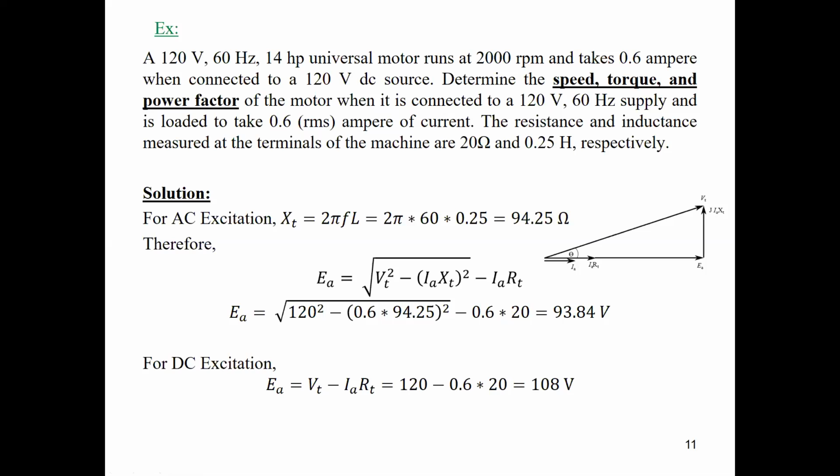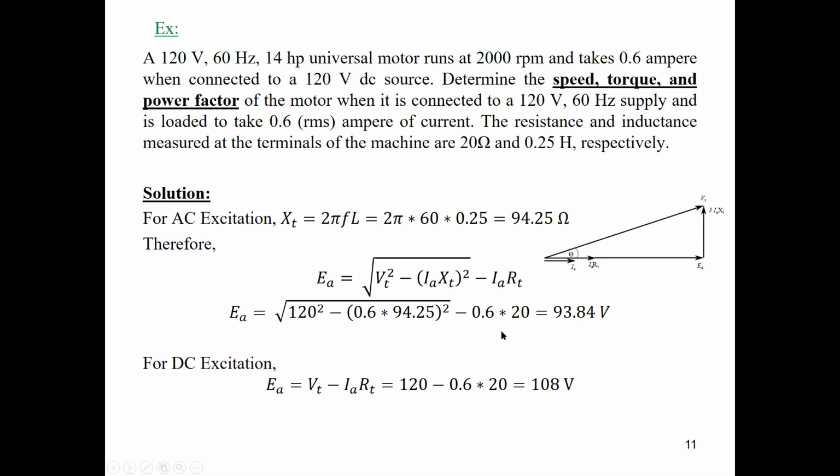In case of DC excitation, if the supply is the same 120, we expect to have EMF equal to 120 minus 0.6, which is the armature current, multiplied by the total resistance. So we have 108 volt for DC excitation.